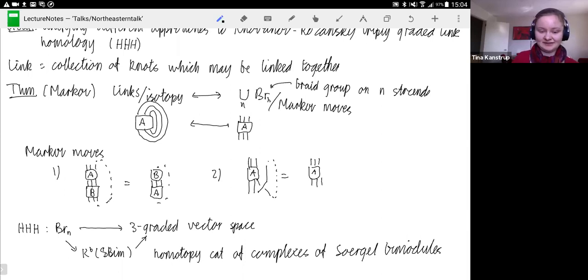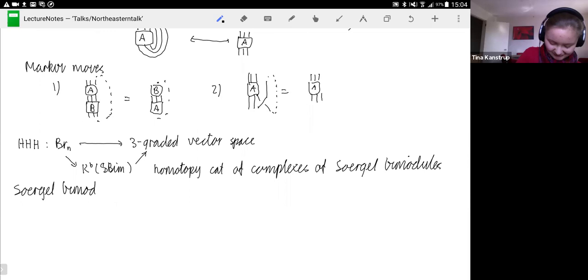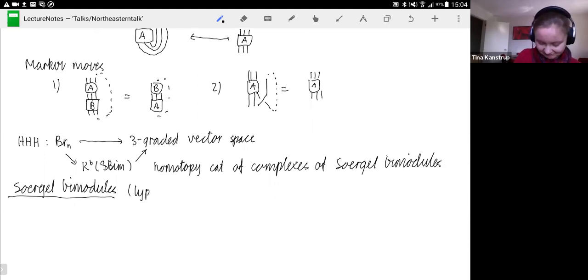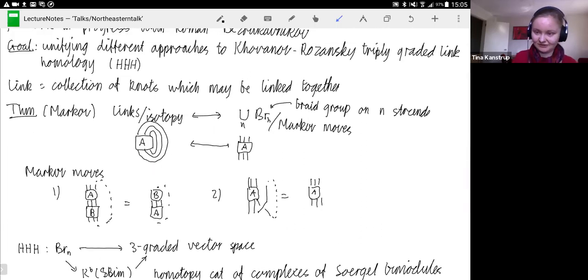Okay, so let me quickly tell you what Soergel bimodules are in type A. They exist in other types, but I don't really know much about them. So I'll restrict myself to type A, which is also the only type that has such a nice connection to links.